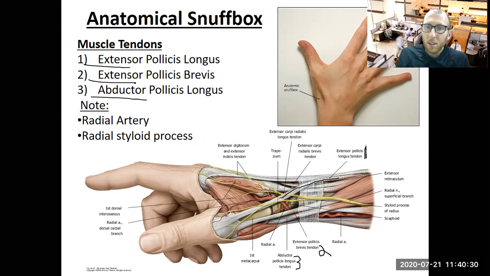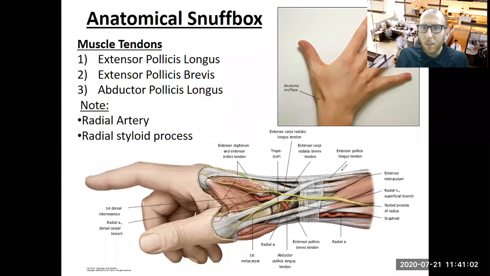And as those come down and go to the thumb, they form this, let's call it a snuff box. In the olden days, they used to put snuff or different drugs in this area and sniff it from there, so they call it the snuff box. But we can see that box formed from these three muscle tendons.